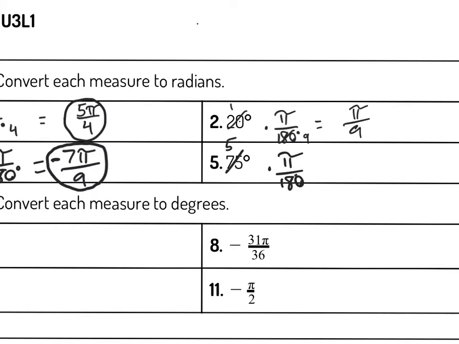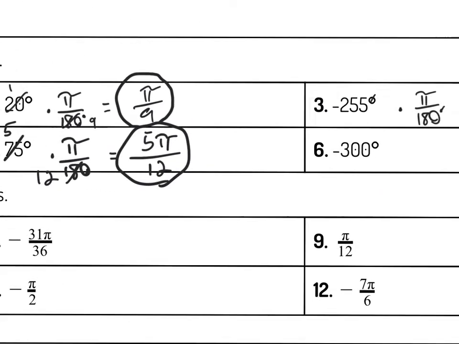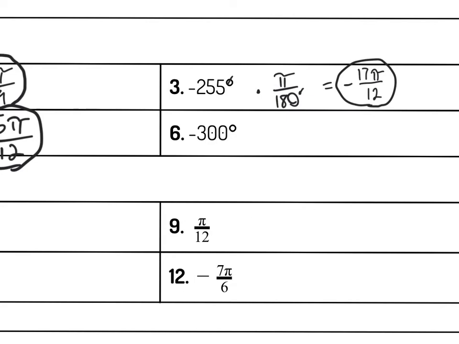That reduces to 5 over 12. 5 pi over 12. And the last one of converting degrees to radians, multiply by pi over 180. 300 over 180, that reduces to 5/3. That's negative 5 on top.